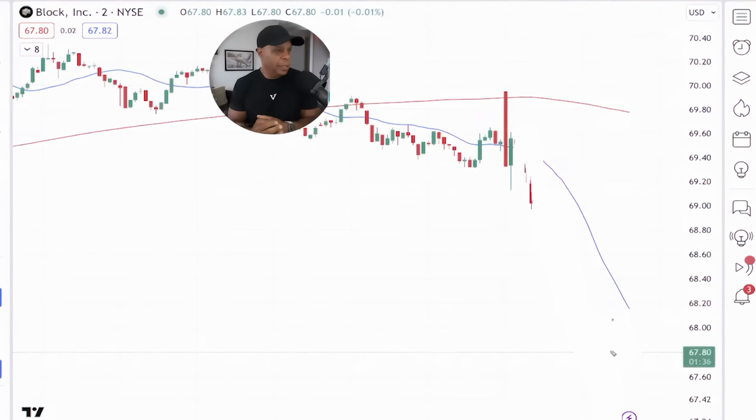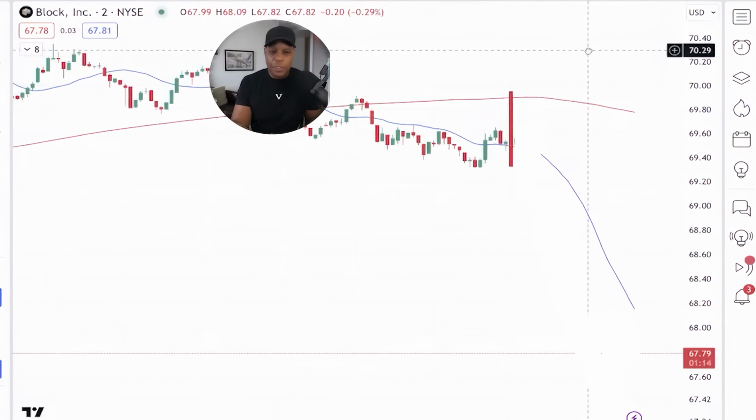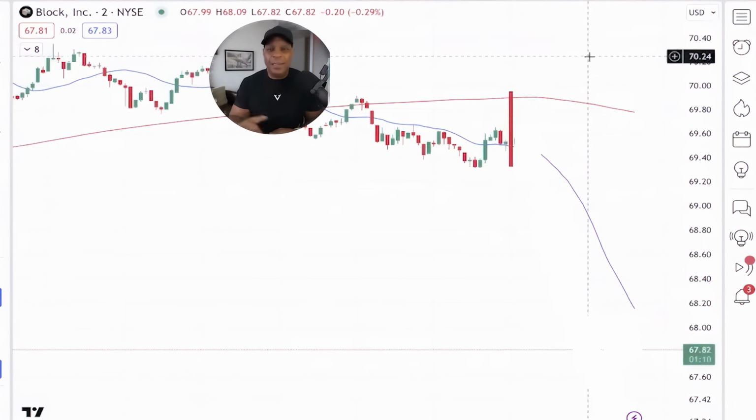Doesn't matter. I don't care if something's blocking it. It doesn't matter. A surge off the 200 is so powerful, it cancels out any other concern that you have. Any other thing that can potentially stop it doesn't matter. So make sure you make a note of that. Surges off the 200 cancel everything out. Nothing of concern.